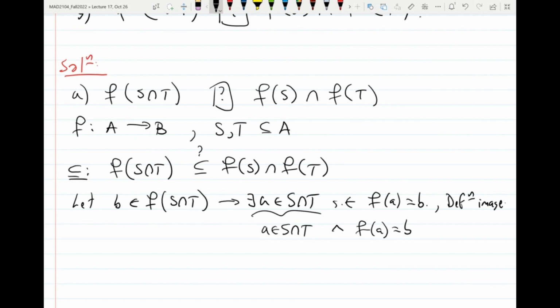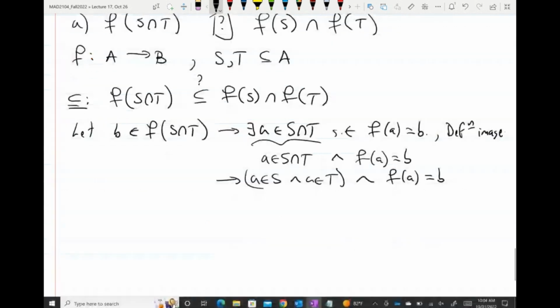Now I'm going to carry on with the definition of intersection. This tells me that a is both in S and T, so a is in S and a is in T. And we also have the condition that f of a is equal to b. Like we did before, we can repeat this condition, and because everything is joined by "and", we can thread it together.